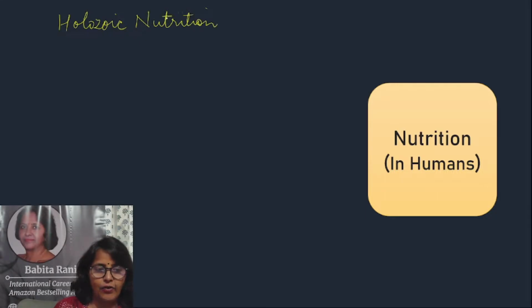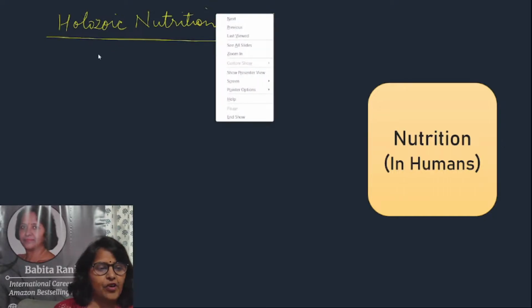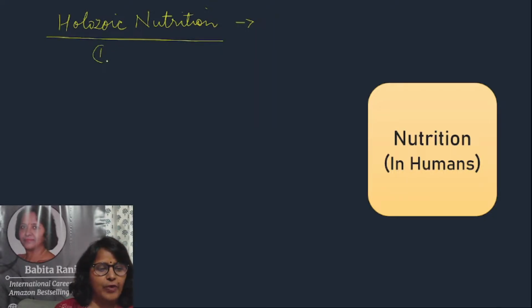We have holozoic nutrition, where food is taken in through a particular part of the body. Solid food is taken in. Now the 5 steps of holozoic nutrition, if you remember we had discussed in the last class, is ingestion, where we take in food.